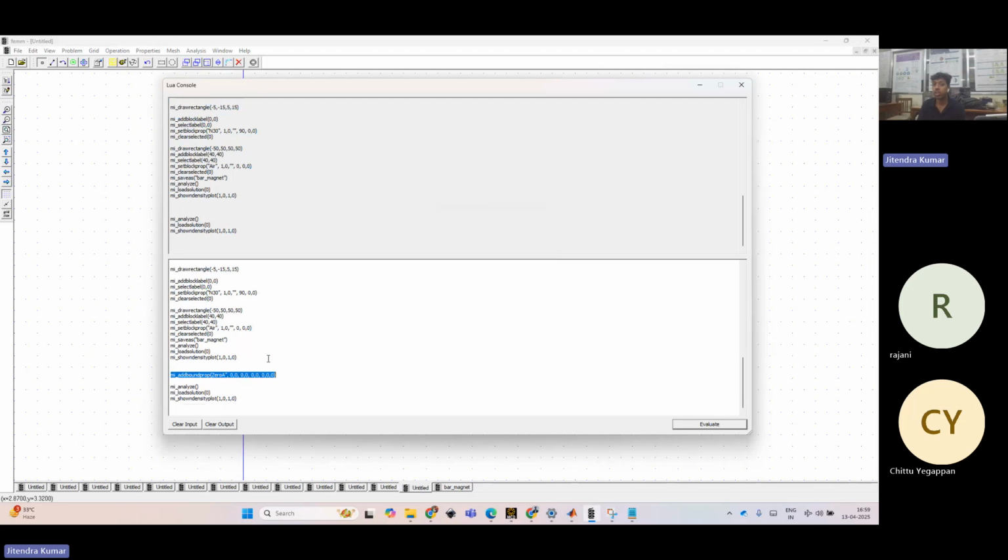What are those? First 0 means no Dirichlet boundary condition, right? So first is corresponding to Dirichlet boundary condition. Second is related to Neumann boundary condition. Third is corresponding to Robin boundary condition. Fourth is corresponding to periodic boundary. Fifth is no surface current. Sixth zero corresponds to no prescribed value and like that. So you could search from the user manual, which is given on the website. You could see what all this text refers to, right? So this is how you have to provide the boundary condition here, right?